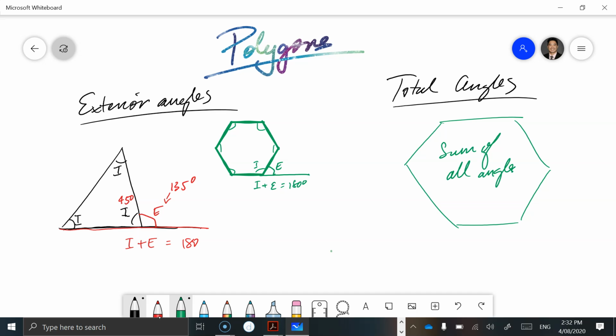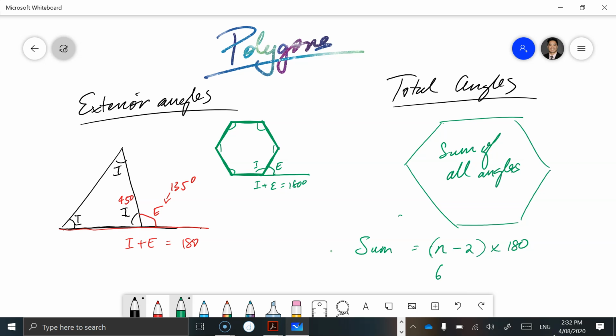It doesn't really matter what polygon you're working with. It's going to be n minus 2, multiplied by 180.